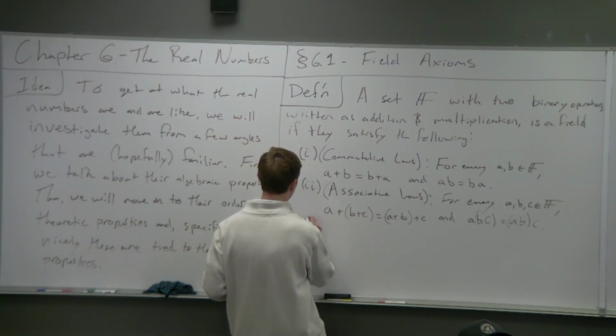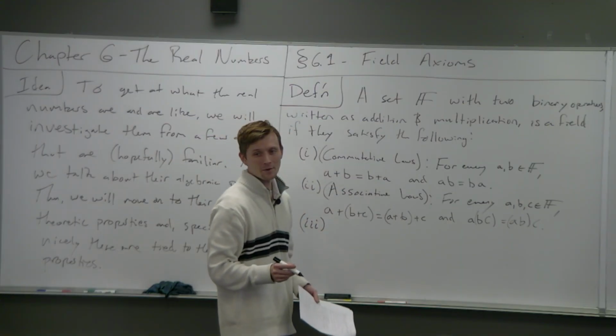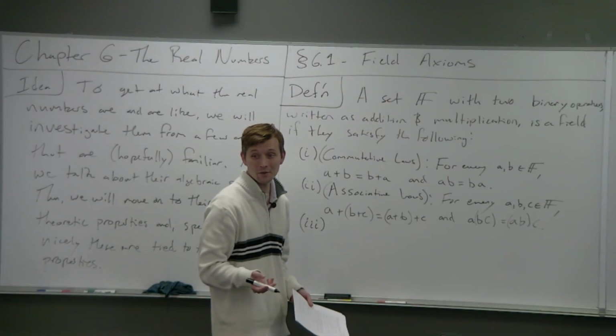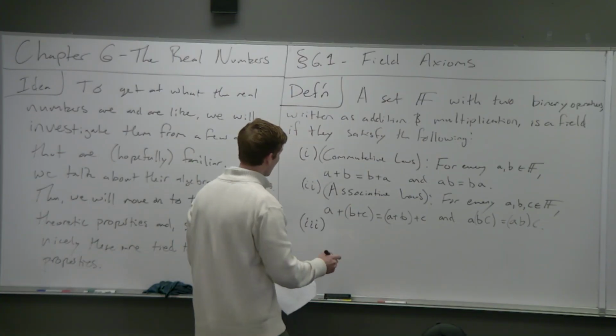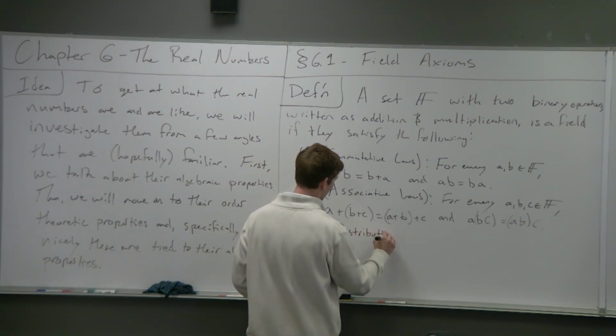Okay, the next one you can imagine, if we've got associativity and commutativity, then perhaps the next one might have something to do with how you put them together. That is, we'll have the distributive law.